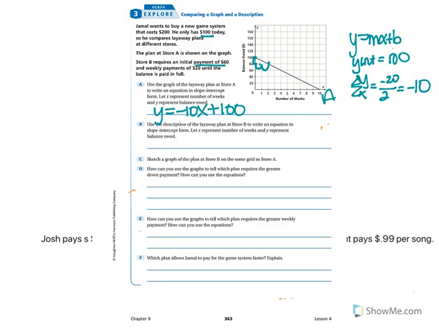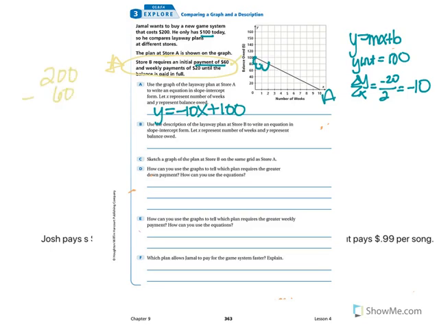In B, it says use the description for the layaway store in Plan B to write an equation in slope-intercept form. Same thing, but unlike the graph, I just have all my information here. The initial payment is 60. Remember that the item cost us 200.